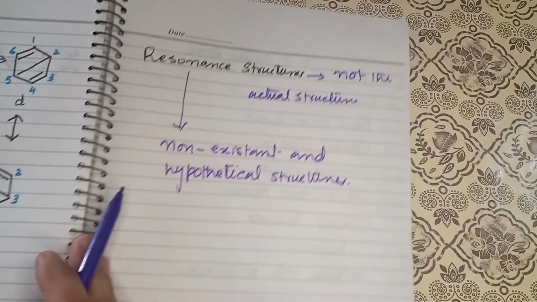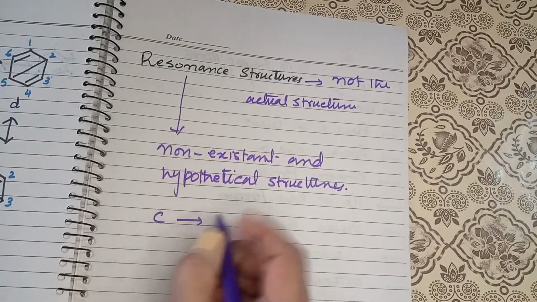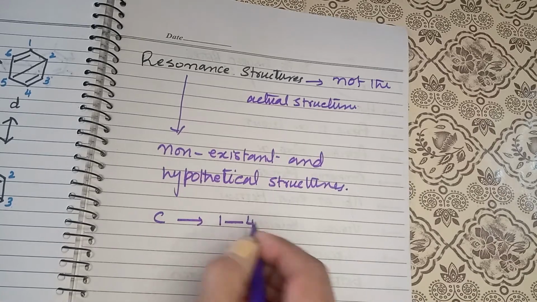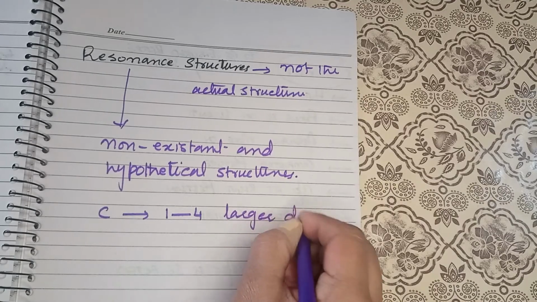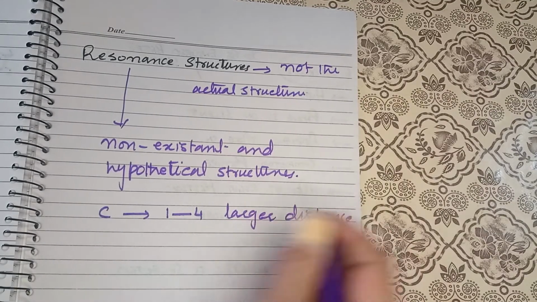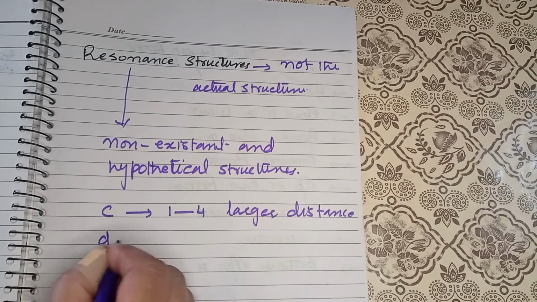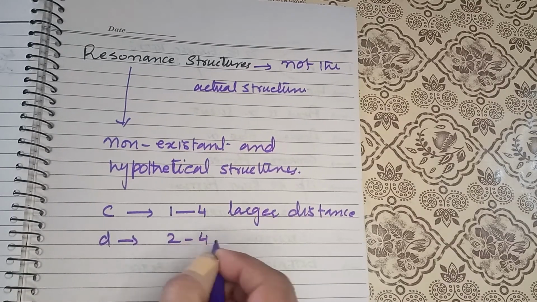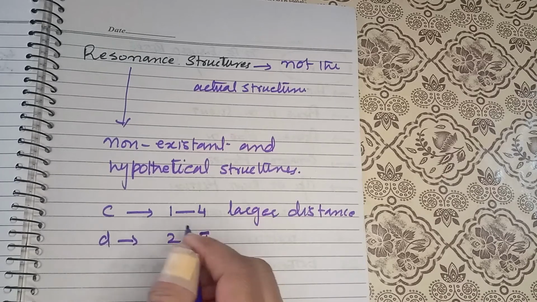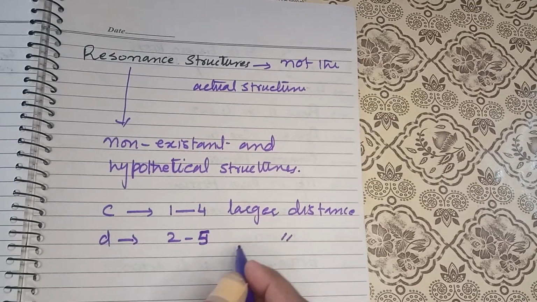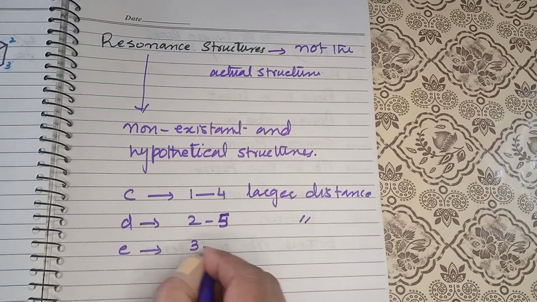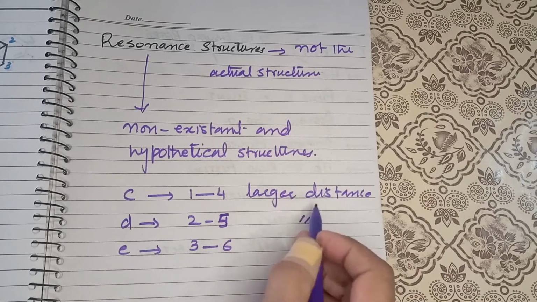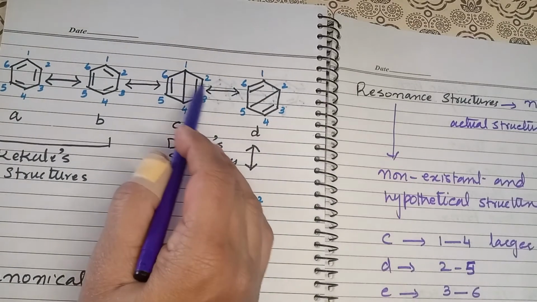So in structure C, carbon 1 and carbon 4 are present at a larger distance. Similarly, in structure D, carbon 2 and carbon 5 are also at a larger distance. In structure E, carbon 3 and carbon 6 are also at a larger distance, as compared to the carbon atoms which are adjacent to each other.